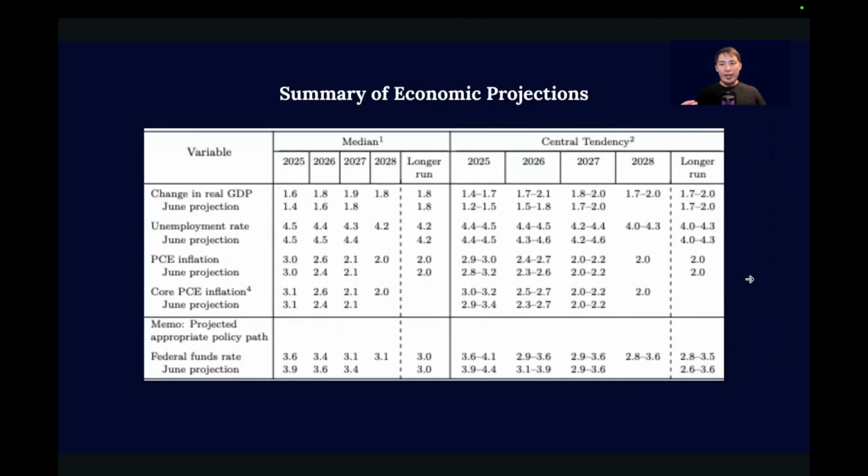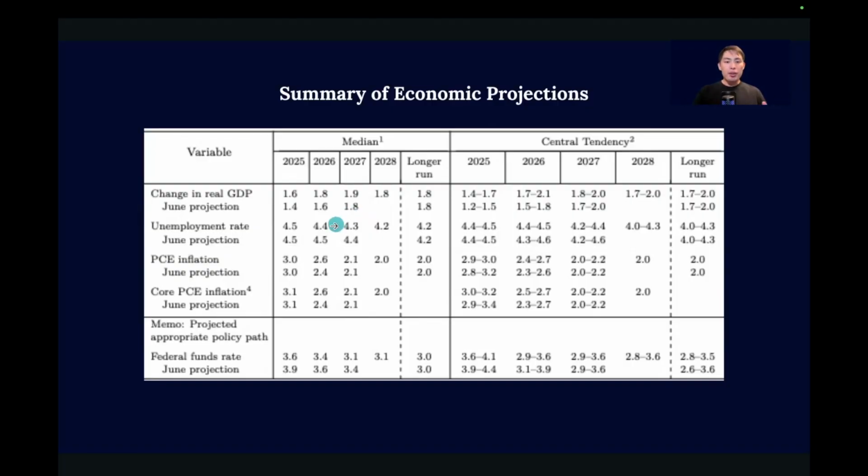What's a little bit strange is that in the quarterly summary of economic projections, the Fed actually projected better economic growth for 2026 and 2027 than the June projection. So they've actually revised up what they think GDP should be in the next couple of years.